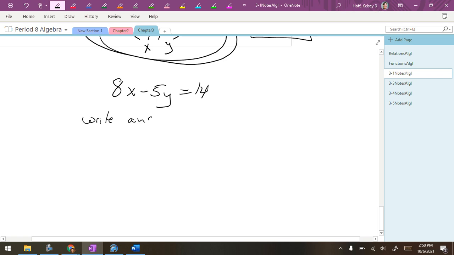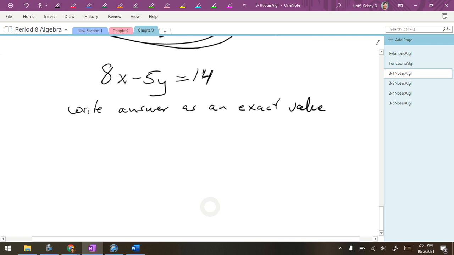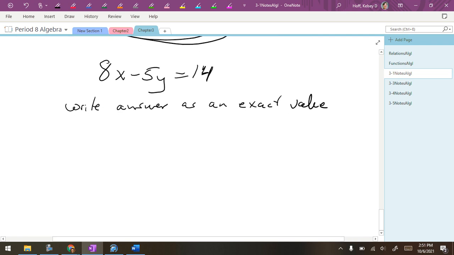Write your answer as an exact value. The directions say find the x and y intercept. Write your answer as an exact value, aka no decimals.